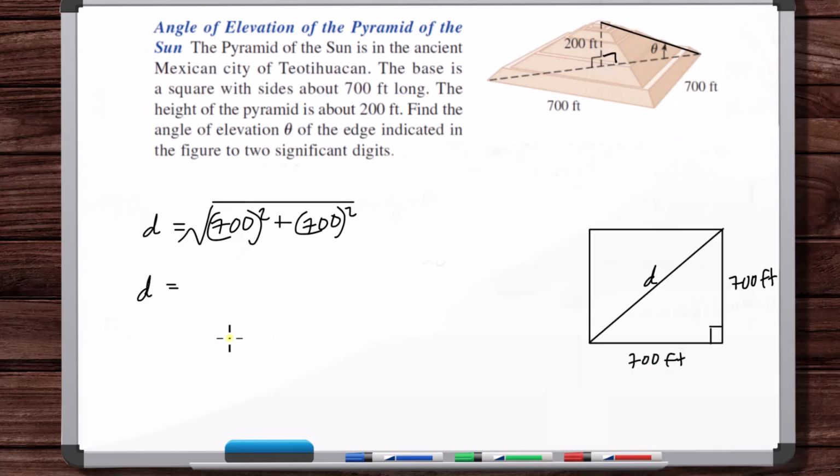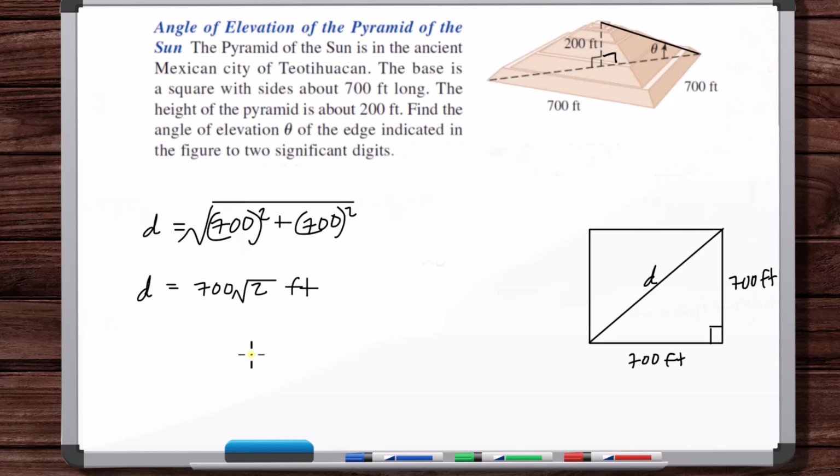We're not focusing on significant digits much at all in this course, but we can try to carry exact answers, or as accurate answers as possible, all the way to the end, and then round to two significant digits. Let's try and do that. So there's the diagonal, in feet.